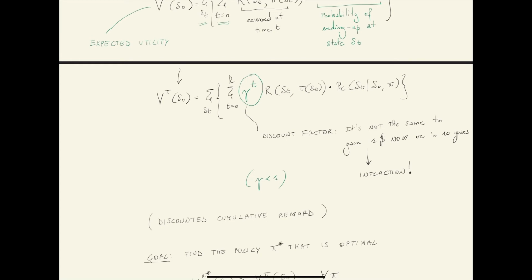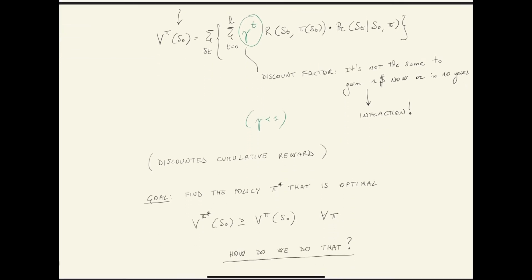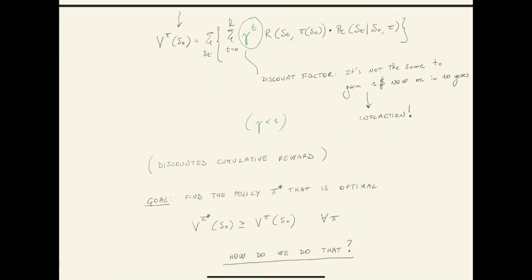So our goal in all of this picture is to find the best policy that I called pi star that is optimal. And the definition of optimal means that V using pi star, so our expected discounted cumulative reward, if you want, so our expected revenues given the policy pi star, is greater or equal than our expected revenues for all other possible policies pi.